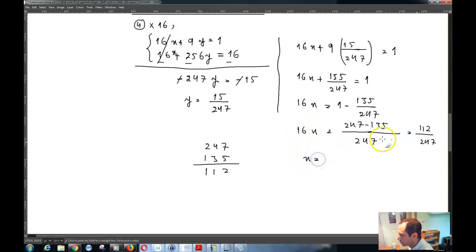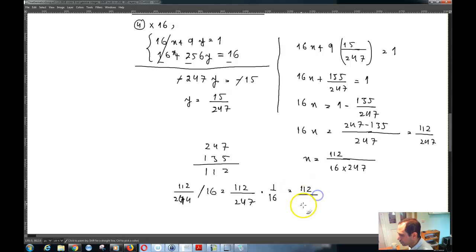So if 16x is equal to this, then x is equal to this divided by 16, which is 112 by 247 times 1 by 16, equal to 112 by 16 times 247.